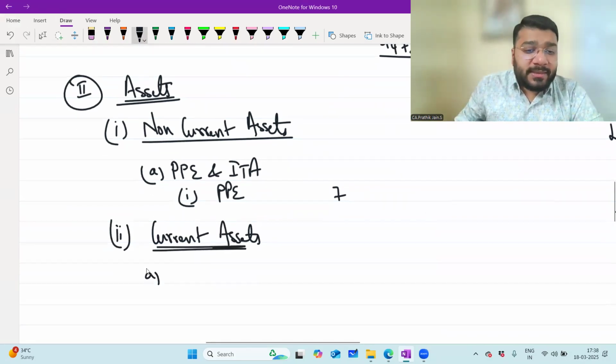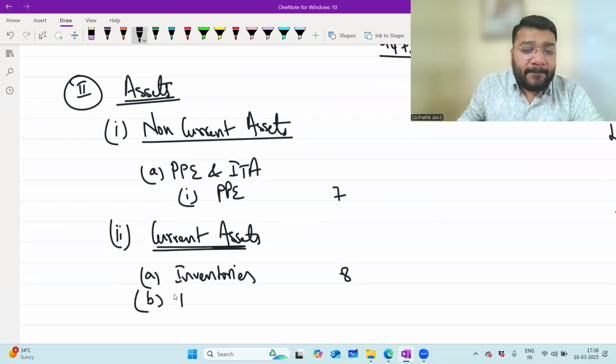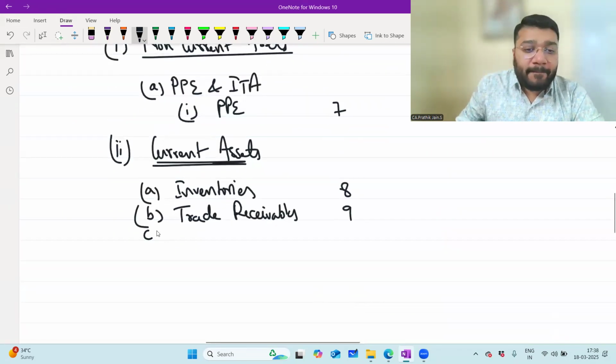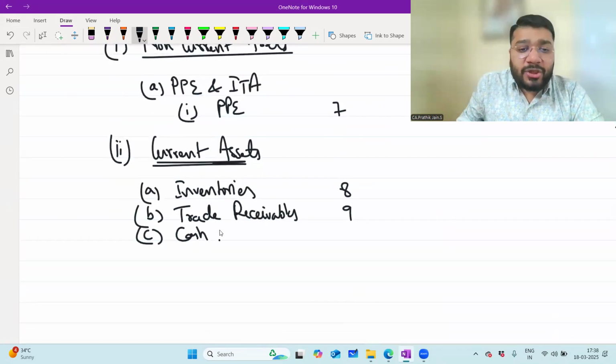And then the first one is inventories. Note number 8. Okay. Next, B. Trade receivables. Aging is required. So note number 9. C. Cash and cash equivalents, breakup is there. Again, you have to give a note 10.